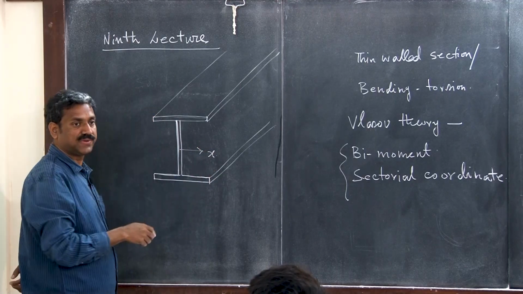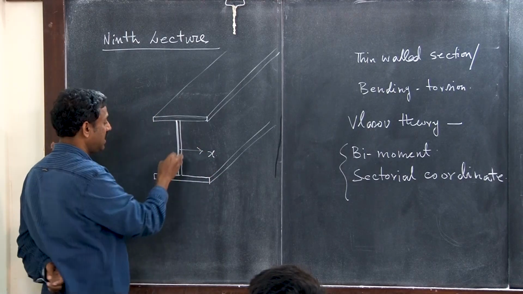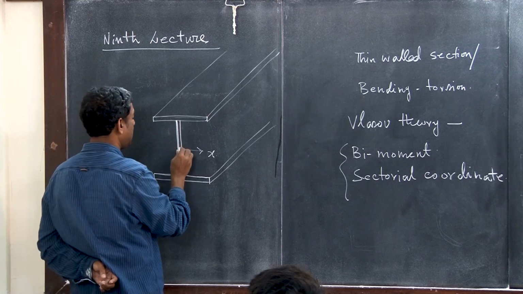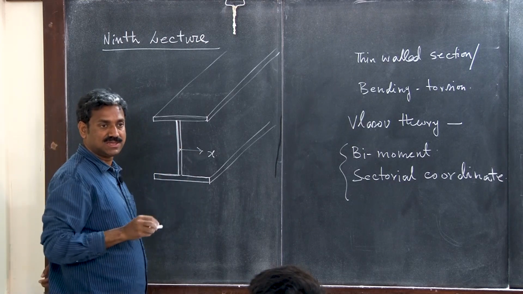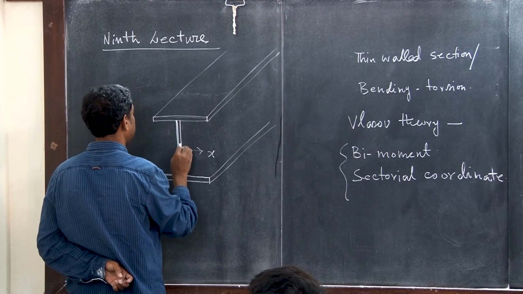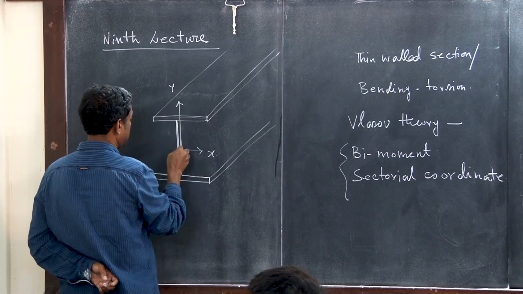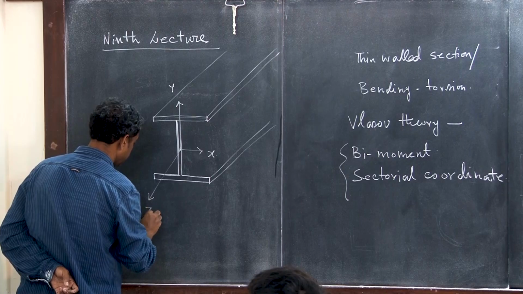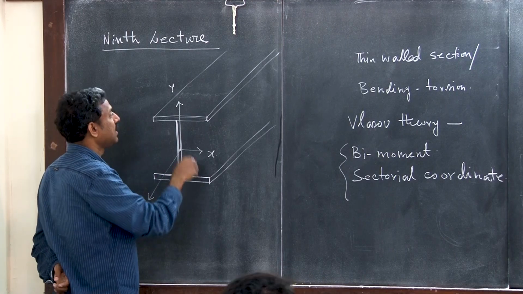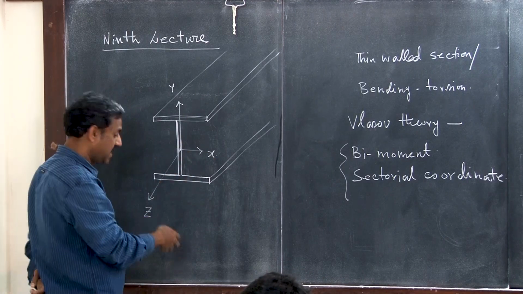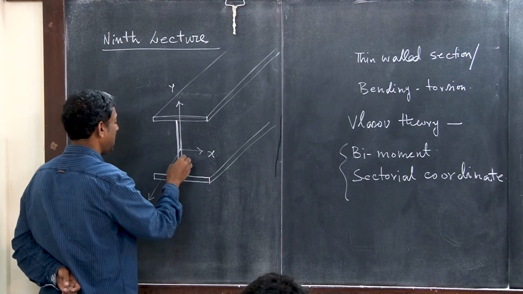Here you can see the shear center, since this is symmetric, and the CG is the same point. This is x and this is y, and the out of plane direction is z. There are two flanges and this is the web.